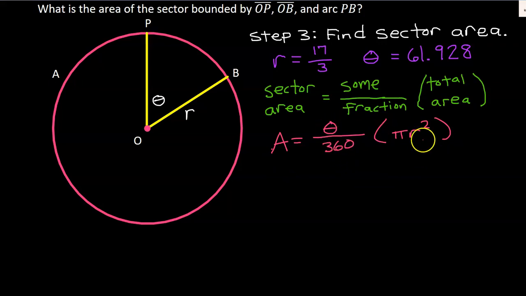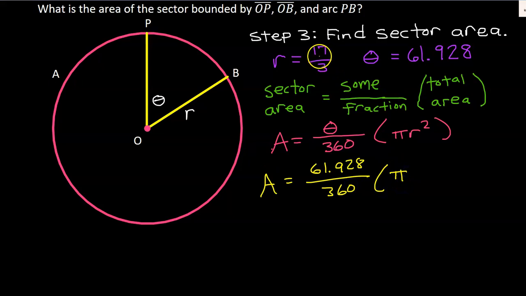We know theta and we know r. We found them from the previous step, so we can go ahead and just substitute those in and find the sector area. So the area is going to be 61.928 over 360 times pi r squared, and the r is the 17 over 3.